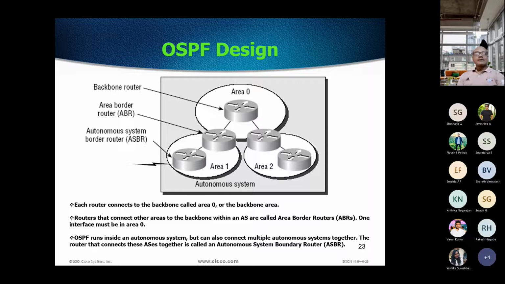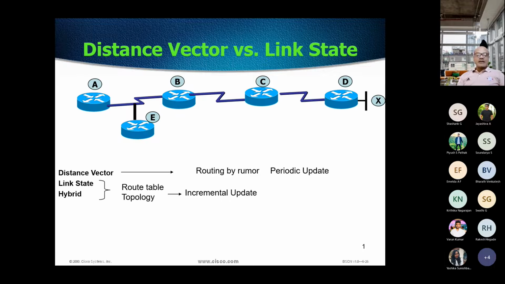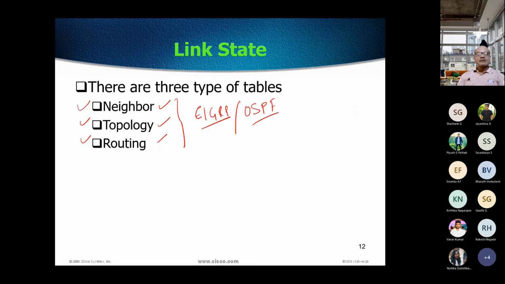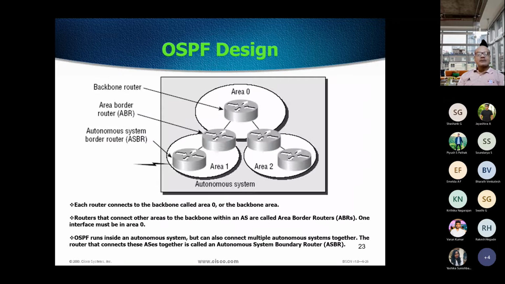There is an area concept here because OSPF is configured where we have hundreds of routers running in your network. There must always be one area 0, guys. All areas must connect to area 0.